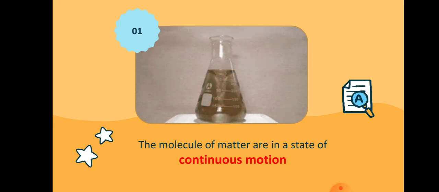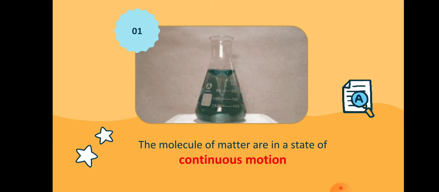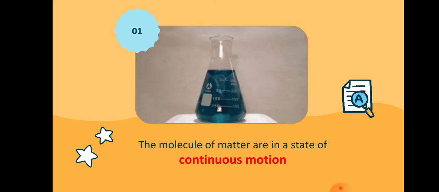Because the molecules of any matter are in a state of continuous motion. The molecules of potassium permanganate are dissociated into small particles which are in continuous motion and spread all over the water, and the water color changes into violet. So, the first property of the molecule is that the molecules of any matter are in a state of continuous motion.